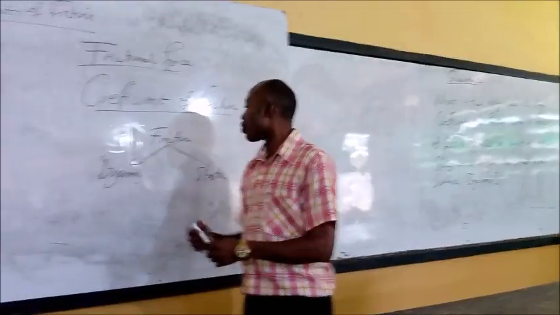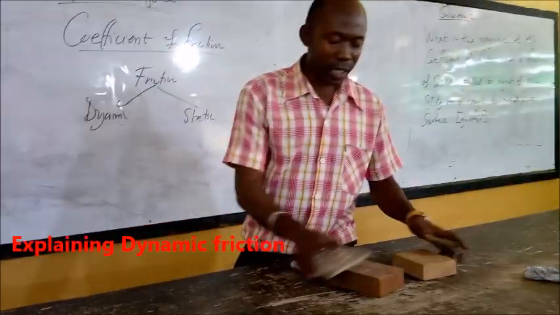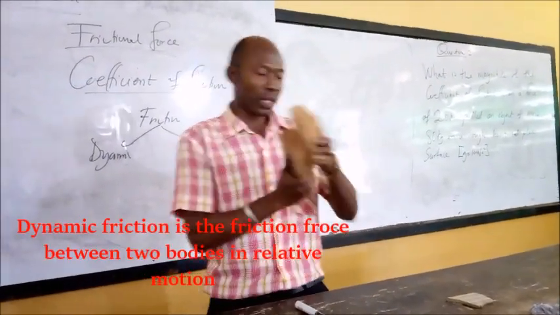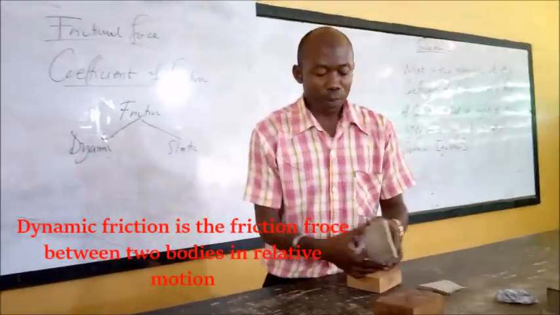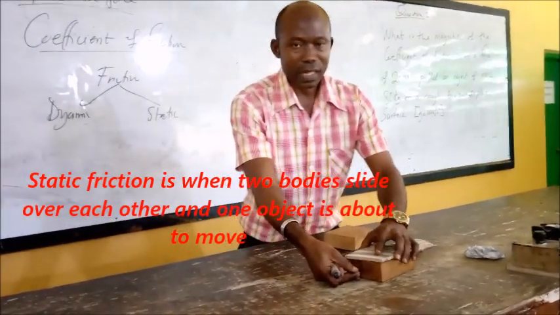This talks about relative motion of two objects. Dynamic friction is when two objects rub against each other and they are both in motion. Static friction is when two objects rub, one object stable, static, while the other object rubs against it.